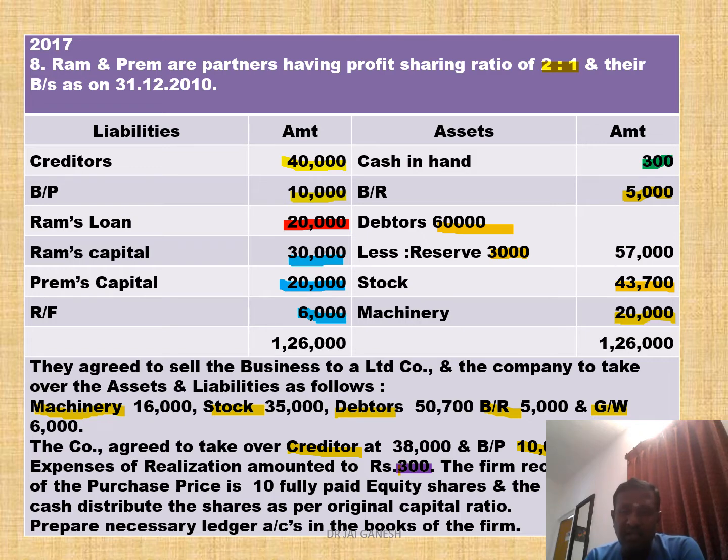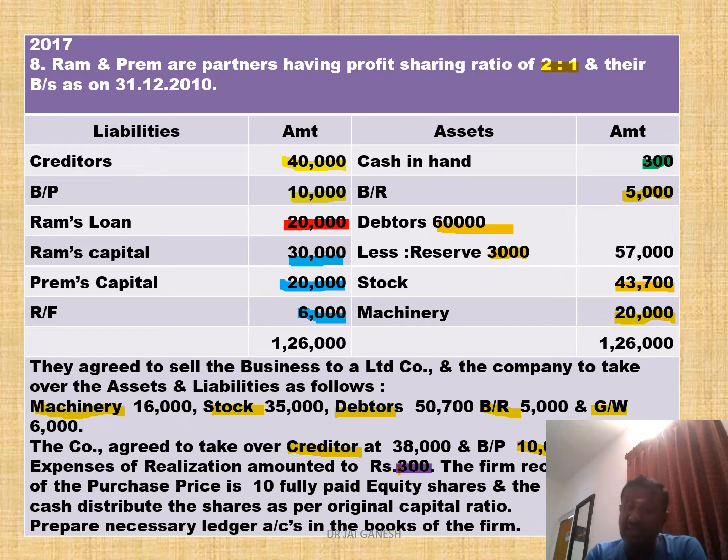The firm received 40,000 of the purchase price in 10 rupee fully paid equity shares. So the PC is not given in the question. So PC has to be calculated through the net asset method. They have given you at what value assets are taken over and at what values liabilities are taken over. So purchase consideration is to be calculated as net assets: assets taken over minus liabilities taken over will be the PC.